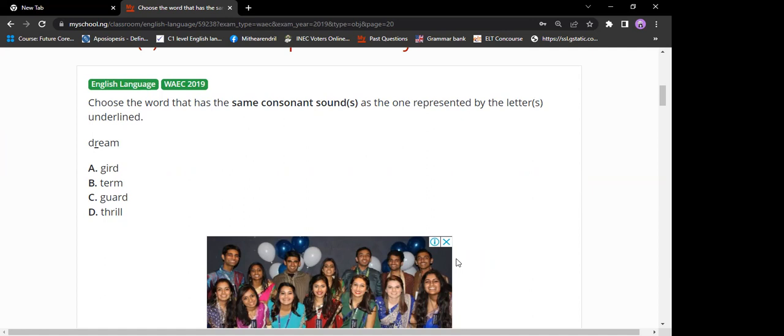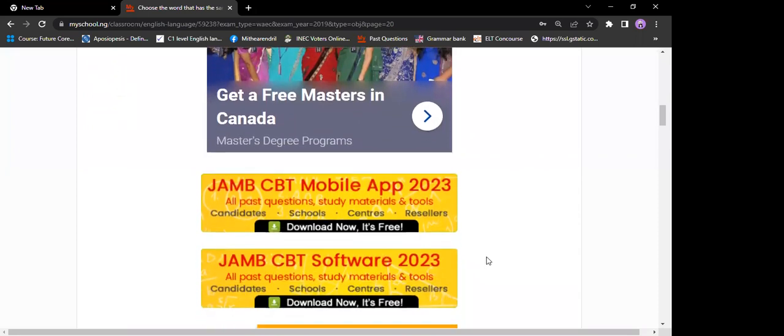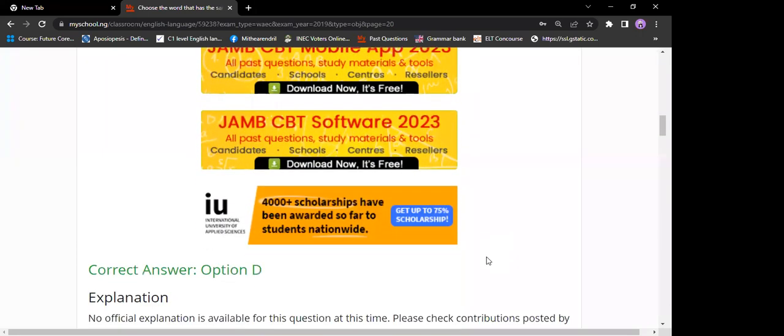So the only one that has our option is D, because the first one is gird, the second one is term, the third one is guard, and the last one is free. So the correct option should be D. We are correct. So let's go to another question.